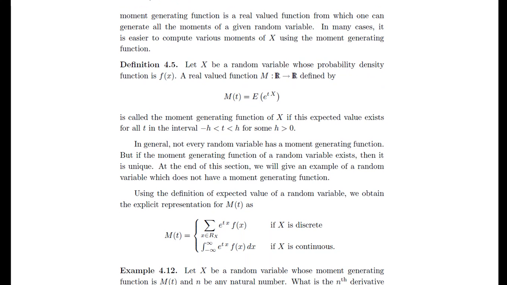The first definition today: let x be a random variable whose probability density function is f of x, a real valued function. M(t), which is equal to the expected value of e to the power tx, is called the moment generating function of x if this expected value exists for all t in the interval between minus h and plus h, for some h greater than 0.